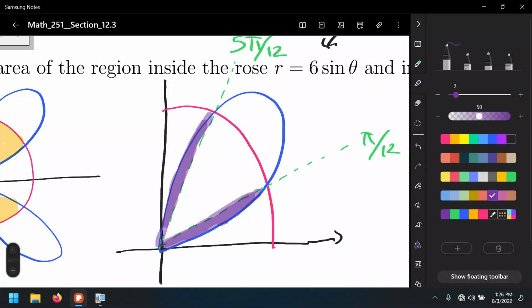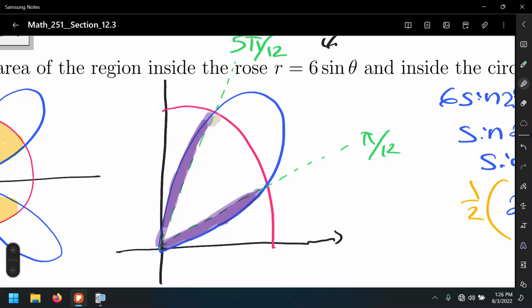Then we will have to do the same over here. So we would have to find the area of this region right here. All right. So we're splitting it into 3 pieces essentially.